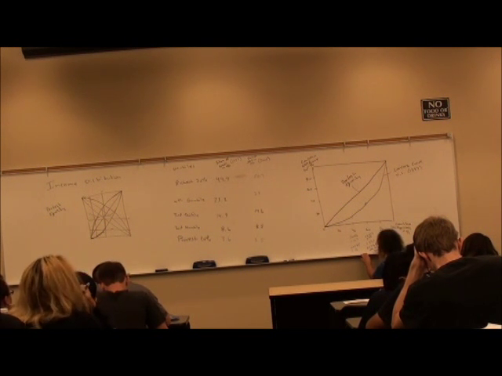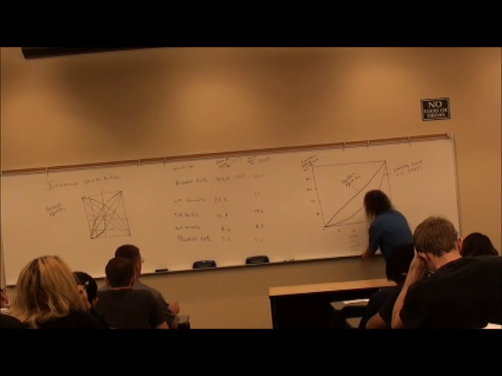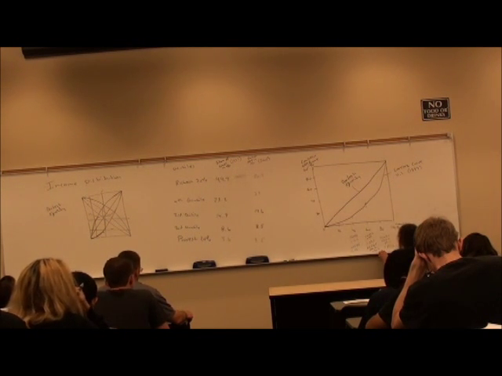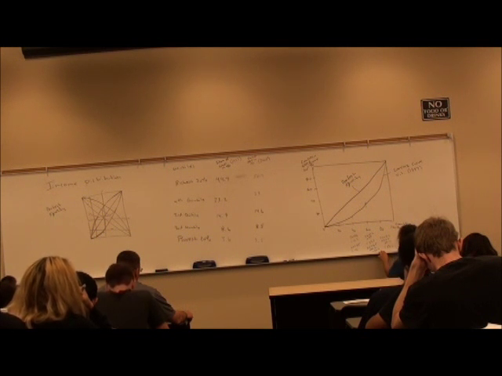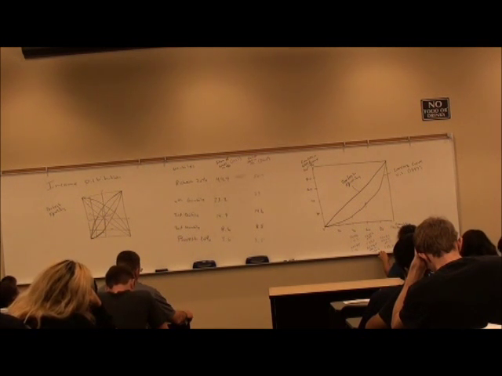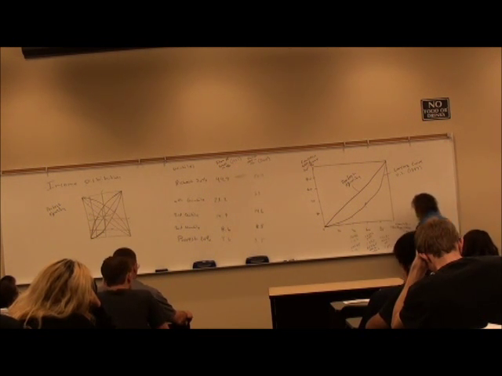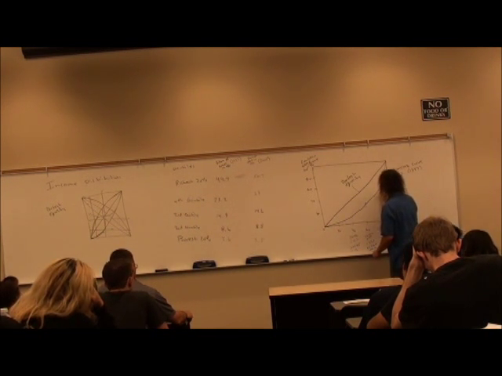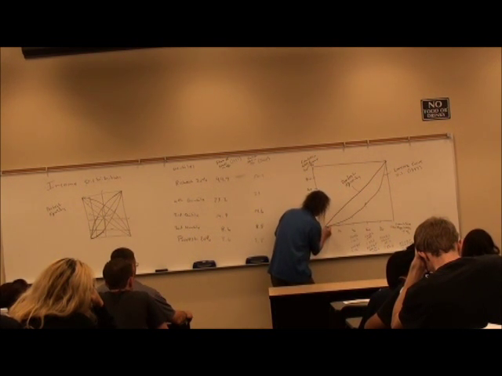Okay. Then I've got 3.5 plus 8.5 plus 14.6 plus 23, 49.6. And then I've got 100 is 100 and 0 is 0.